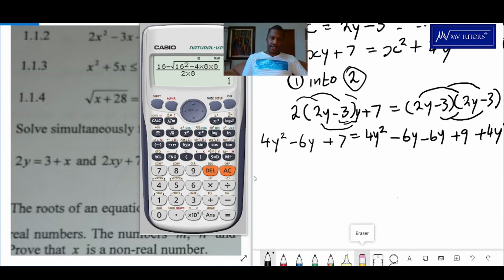We can start adding them up. So it's 0 is equal to 4y squared plus 4y squared, which is 8y squared, and when we bring this one to the other side, it becomes minus. So it's 8 minus 4, which is 4. So it's 4y squared. That's my final one. Minus 12, if I bring this minus 6 to the other side, it becomes a positive 6.